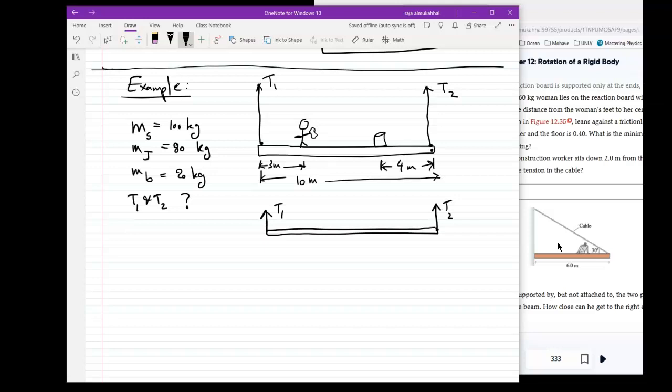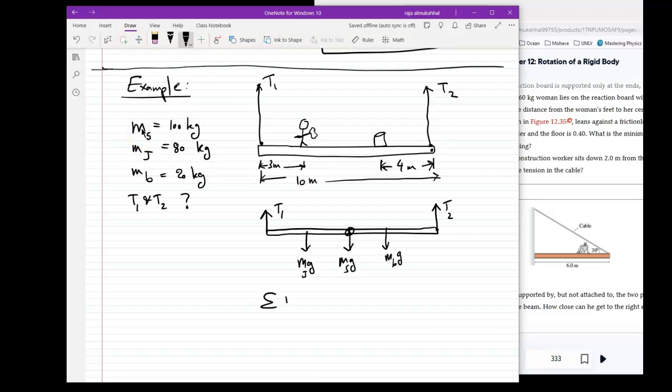Remember, tension always comes out of the body, and this is the force from, let's just call it the weight of Joe, so that's m sub j g. And then we have the weight of the bucket, m sub b g. And don't forget the center of mass of the beam, which has a mass. Remember, it is right here, the scaffold. So it is m sub s g. You see what I'm saying?